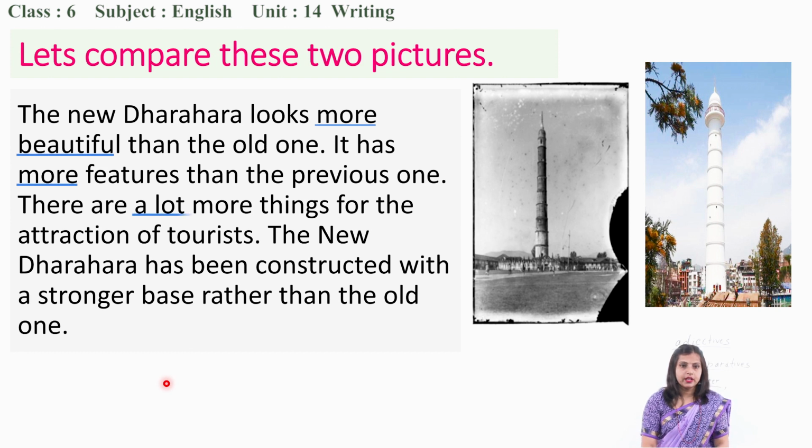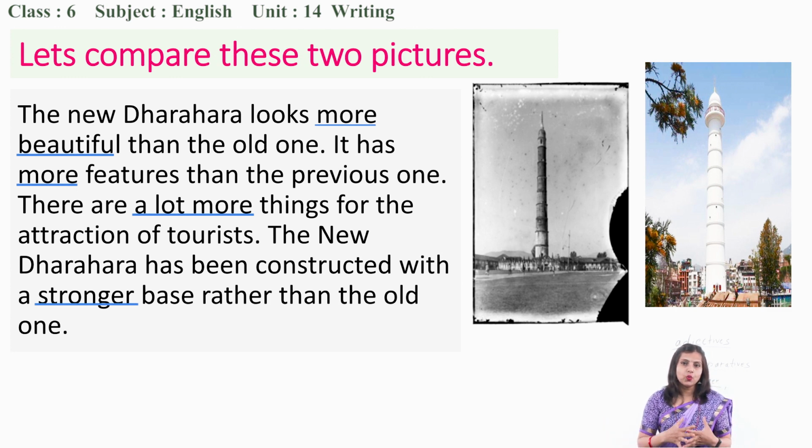Then after that, there are a lot more things. Old Dharara had a lot of things. The newer one has a lot more things. Comparatives, we have to use comparatives, okay. Likewise, a stronger base. Strong, stronger.